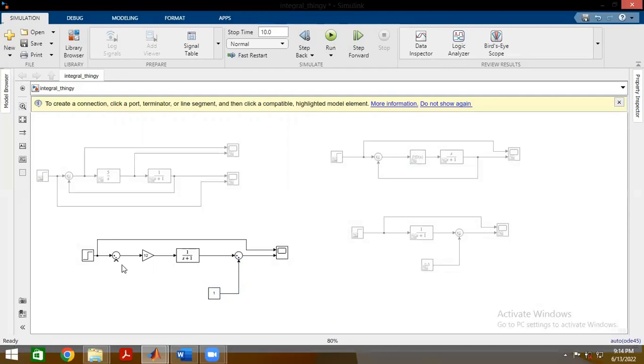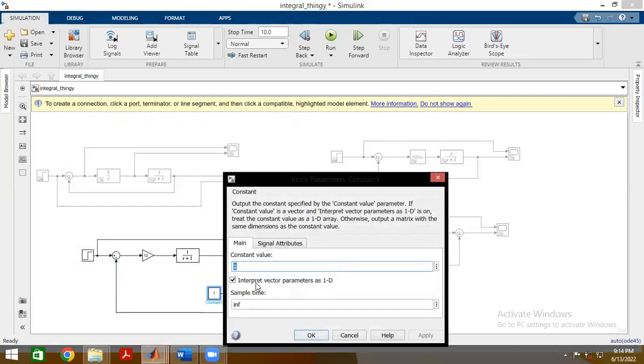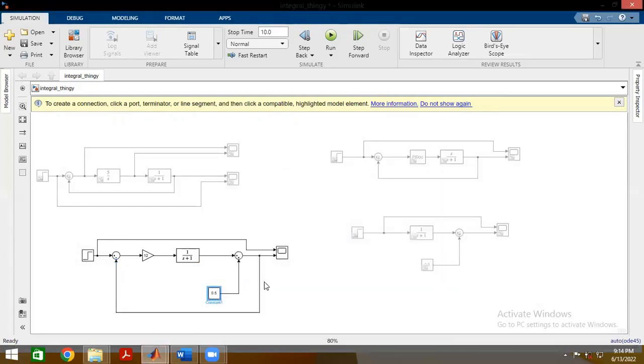Okay, then let's close the control loop. Make this a bit neater. There we go. And we made it 0.5 there, so let's make it 0.5 here.